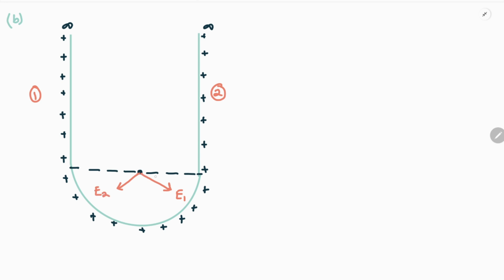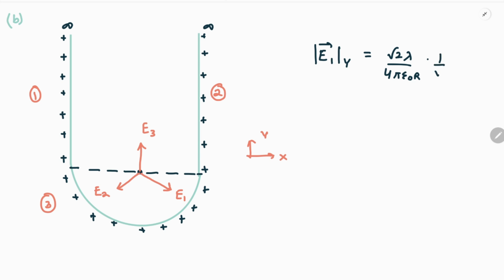The components of E1 and E2 in the x-axis direction will balance each other out, and then we have the third charge system E3, which will be in this direction. So the value of E1 and E2 in the x-axis direction will cancel each other out, and E1 magnitude in the y direction, which is negative y technically, can be written as root 2 lambda upon 4 pi epsilon naught r into 1 by root 2, since this angle is 45 degree.